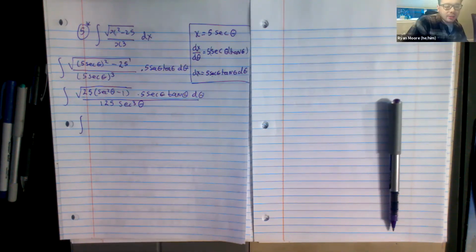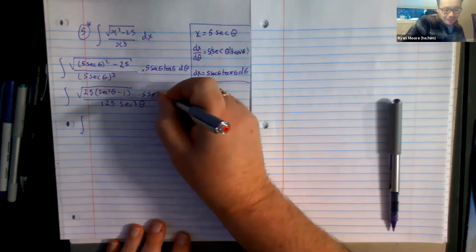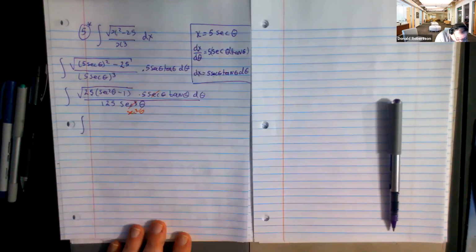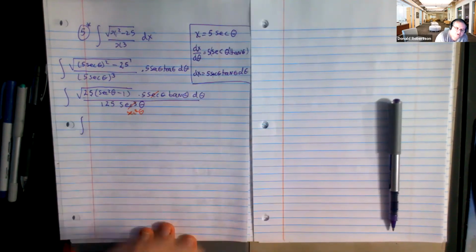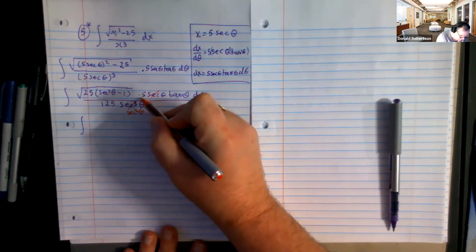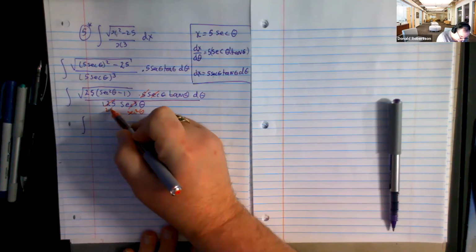You can cancel 1 secant off the bottom. Okay, so that's going to leave me with a secant squared. Can you cancel a 5 and a 125 while we're at it? It's not much, but it's better than nothing. Agreed? And that leaves you with 25.